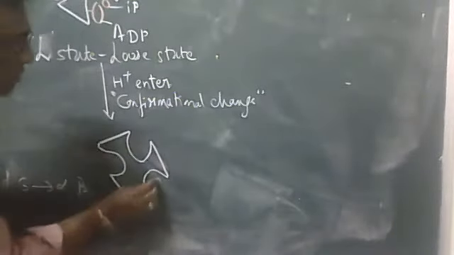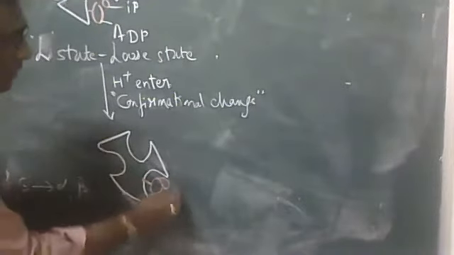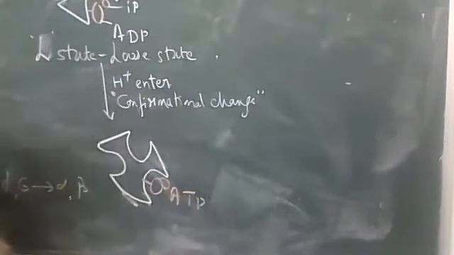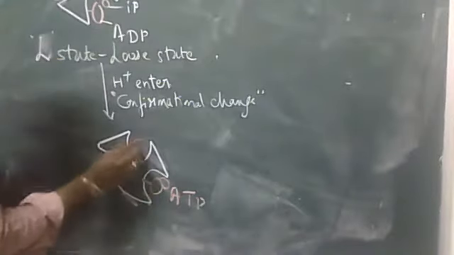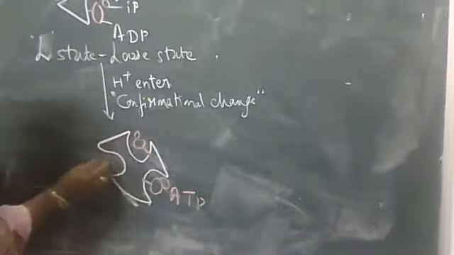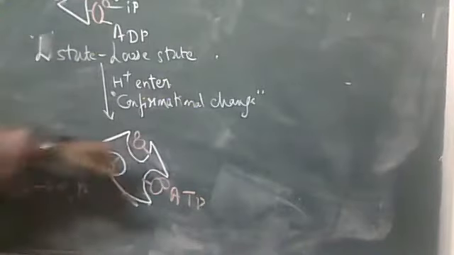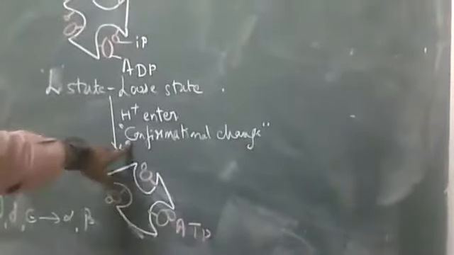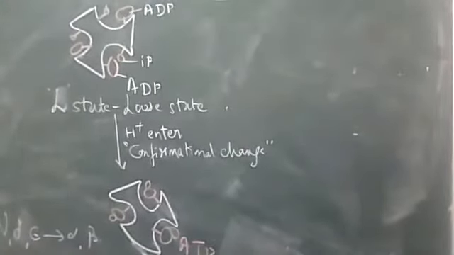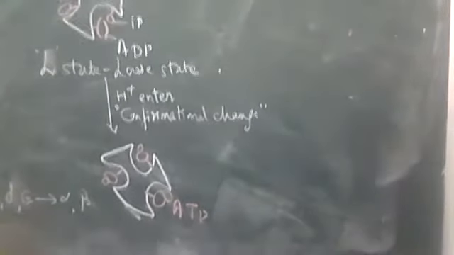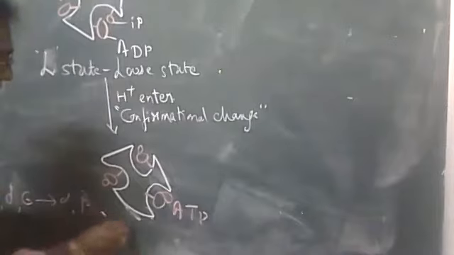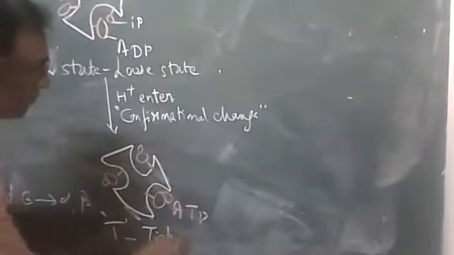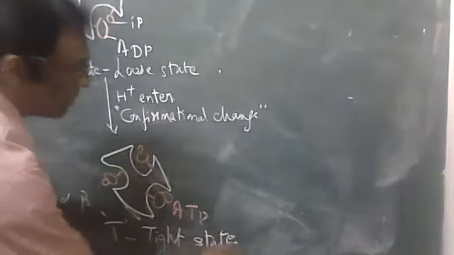Already ATP is formed now. See? This is ATP. Like that, ATP is formed. Got it, all of you? Could you differentiate both the diagrams? Only after conformational changes, the active site of the ATP synthetase changed. Understood? What is the state called? T means, what is it? Tight state, sir.